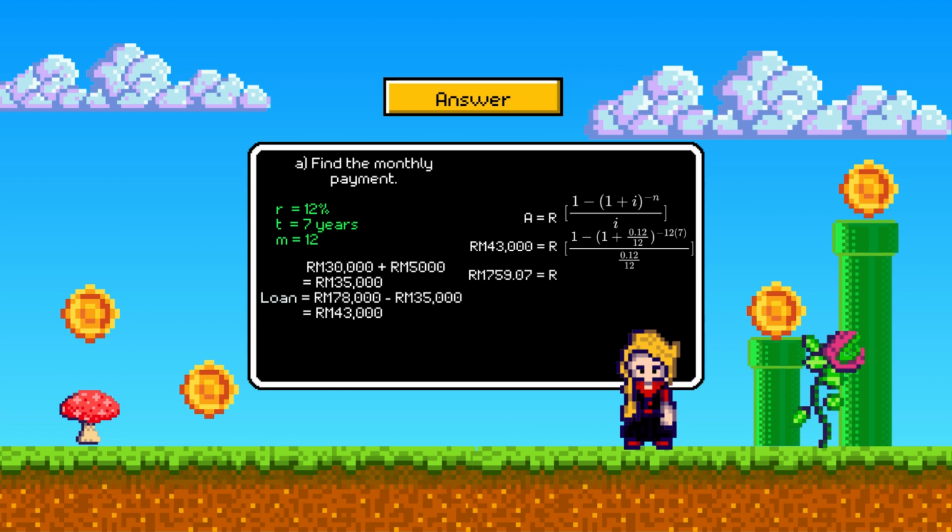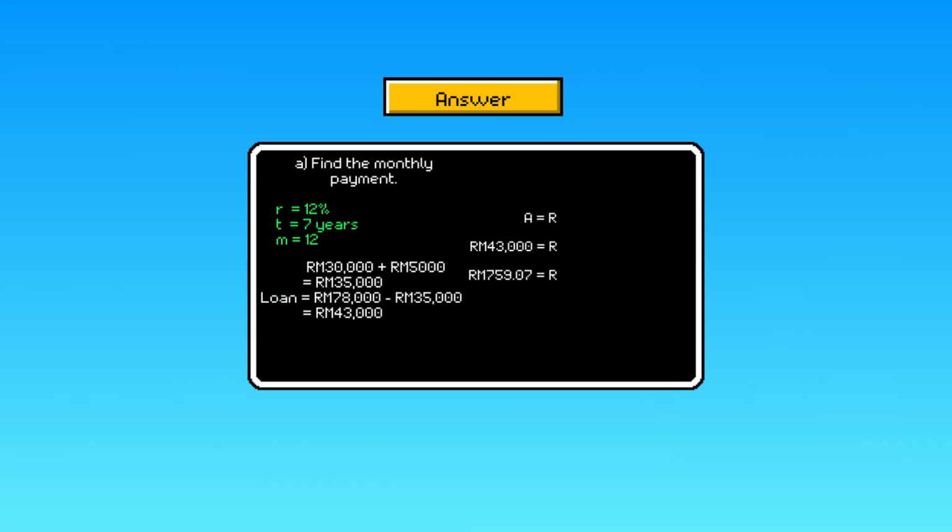A is the loan, R is the monthly payment. You just need to insert the given values into the formula. So, the final answer is 759 ringgit and 7 cents.